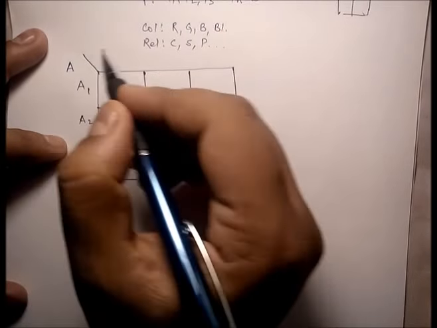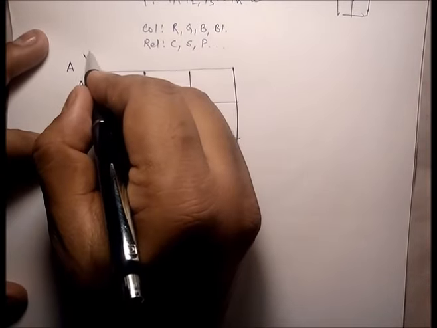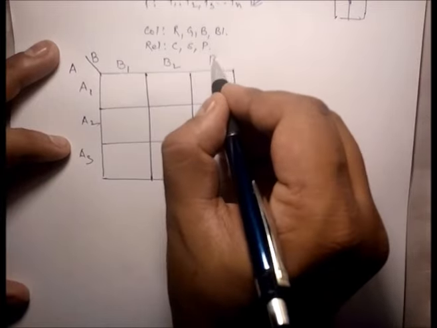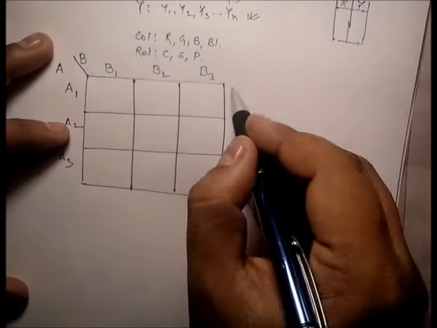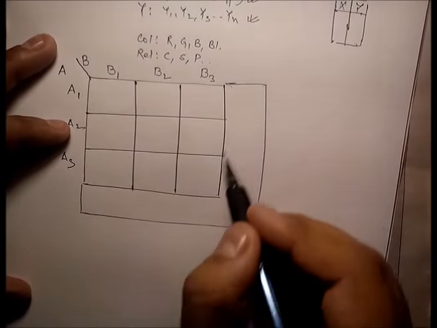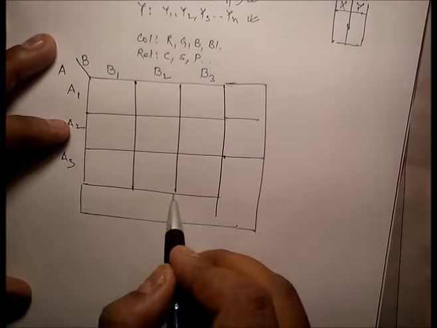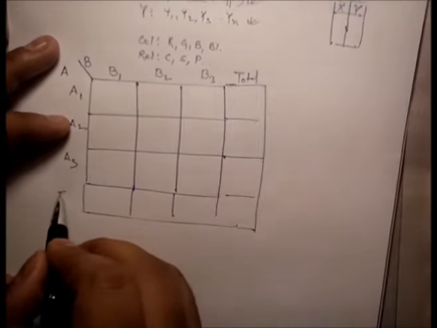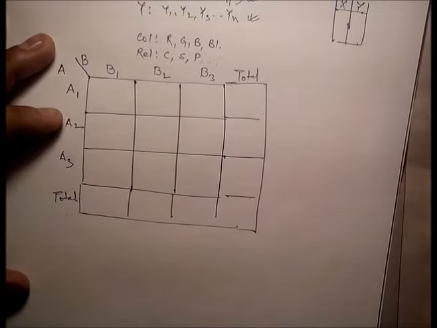Next, maybe the religion. Say religion 1, religion 2, religion 3. So we have to calculate the total of that. We can calculate the total. This is called contingency table.